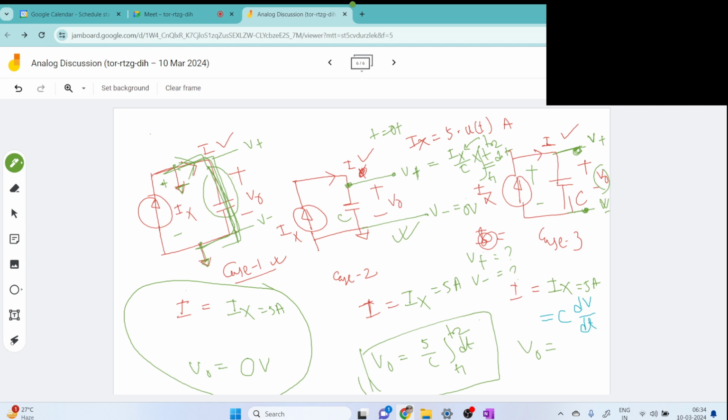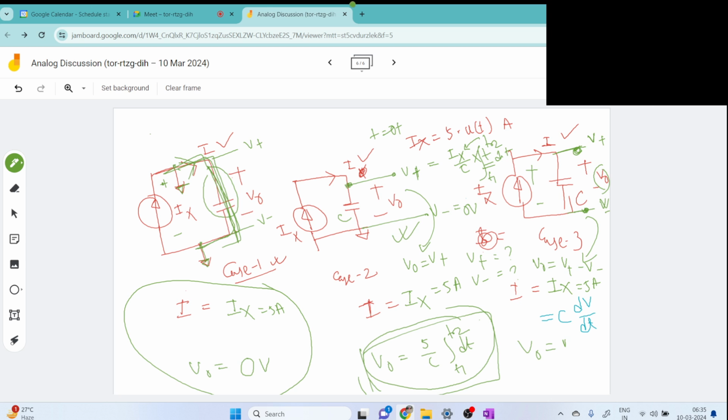So this will be the same equation, right? But in this case V out was V plus itself, whereas in this case V out will be V plus minus V minus.